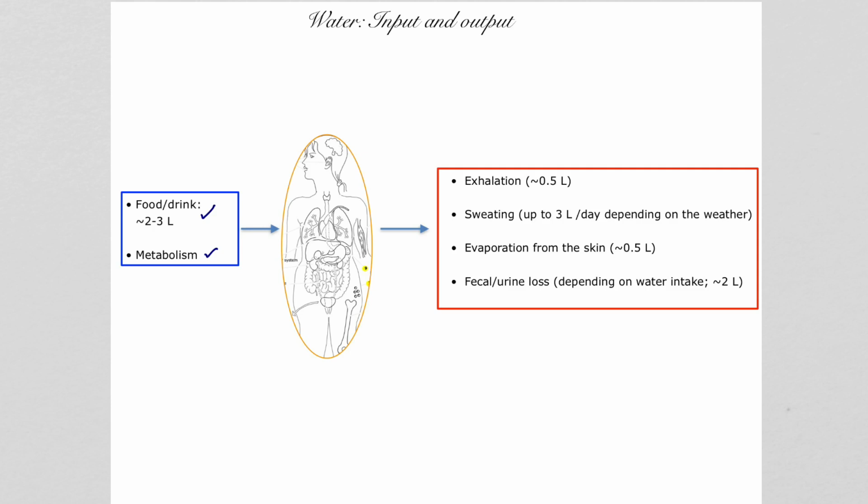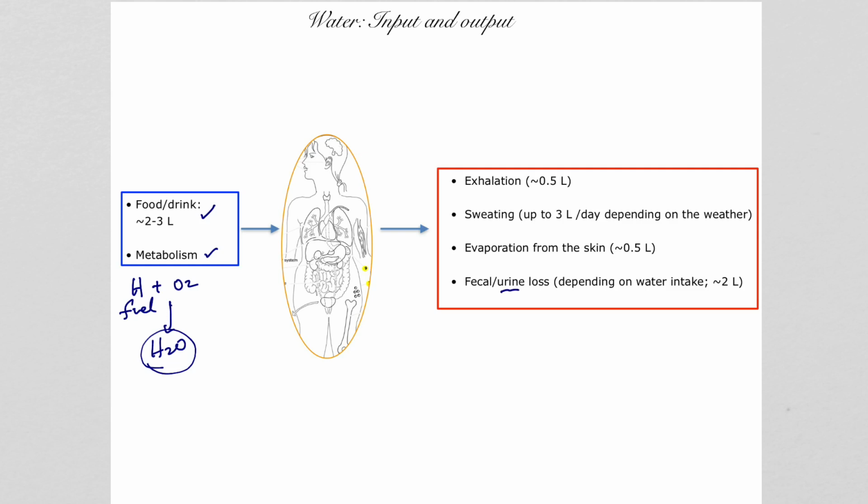We'll see basically the hydrogens from the fuel will be reacting with the oxygen that you take into your lungs, and one of the products of this would be water. And then we, of course, have to make sure we don't have too much water. So we have to get rid of this excess water.